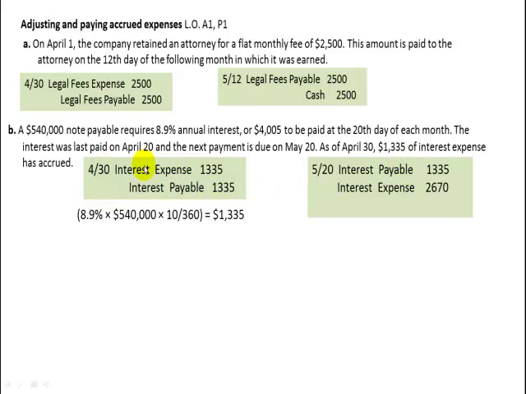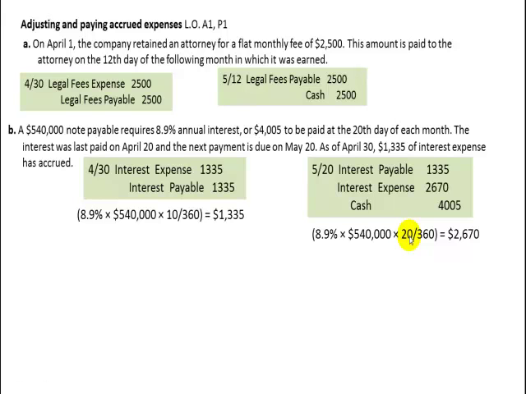That is, through April was accrued to be $1,335. The difference, the amount of interest that's accrued from 4/30 to 5/20, is another $2,670, and we're going to credit cash for the total, which is $4,005.